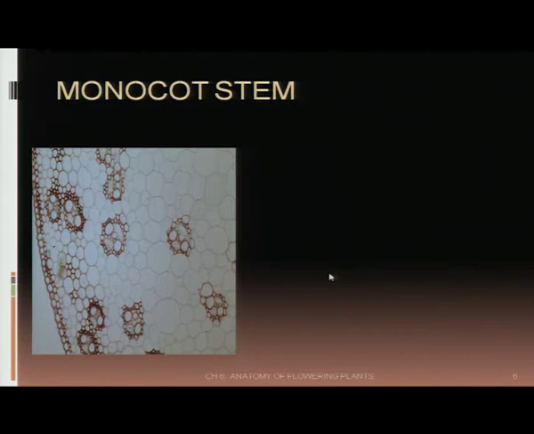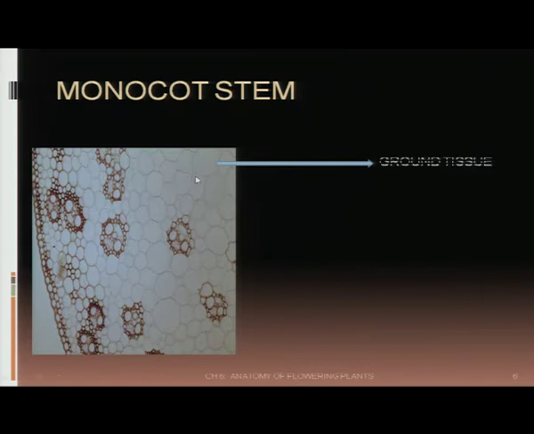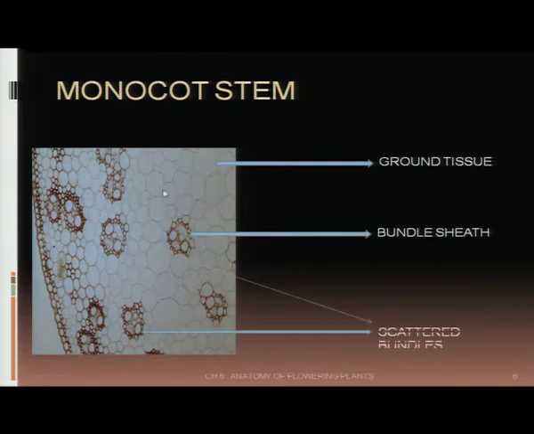When we compare this structure with the monocot stem, we found that the pith is absent, but the ground tissue is present, which is largely parenchymatous, and the vascular bundles are enclosed by a bundle sheath layer and they are scattered all over the stem TS.